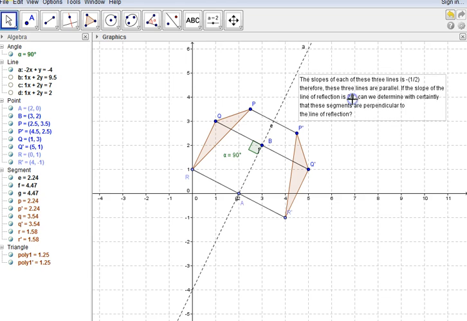And we can. So since the product of the slopes of these segments multiplied by the slope of the line of reflection equals -1, we can say that they are, in fact, opposite reciprocals.